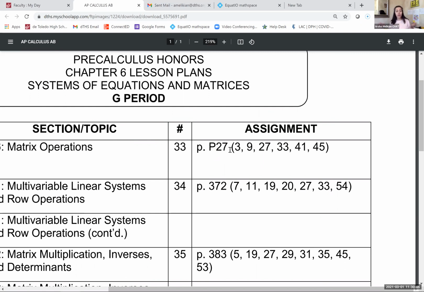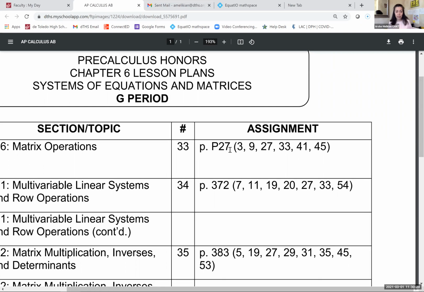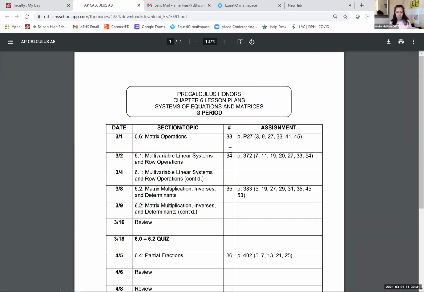In your book, before page number 1, there is a whole other section in the P's. So this P is before page 0. It's in the very beginning of the book, in chapter 0. So it's not page 27. Make sure when you're doing the homework tonight, you're actually working on matrices and not some random equations. Okay? All right. Before I let you go, I do have something else to mention.